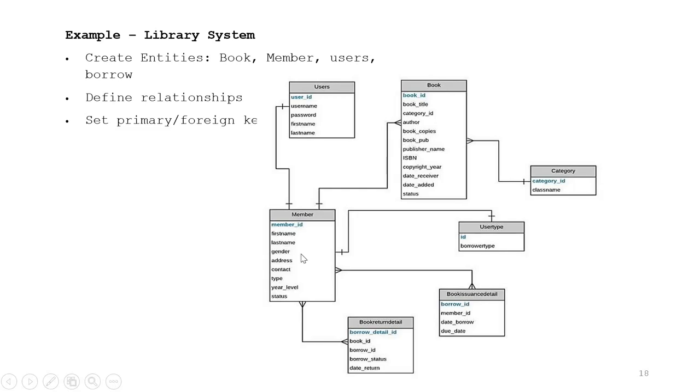The relation between book and member, it's one to many. So the member can borrow or can read a lot of books. One book on the same time can be borrowed by only one member.